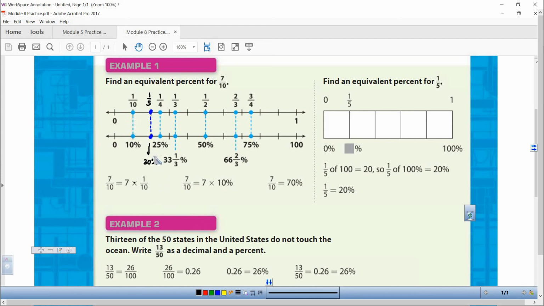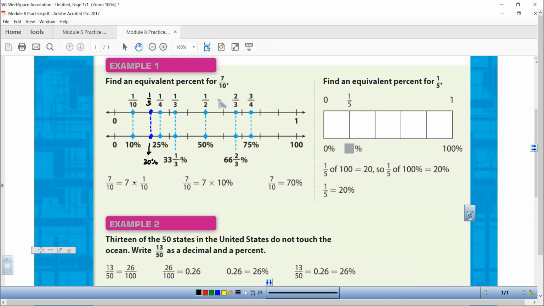All right, so we all should know that 1/10 is 10%, 1/5 is 20%, 1/4 is 25%, 1/3 is 33 and 1/3%, and 1/2 is 50%. Of course, 2/3 is simply 2 of the 1/3, so it's 66 and 2/3%. 3/4 is simply 3 of the 1/4, so it's 25 times 3, so it's 75%.